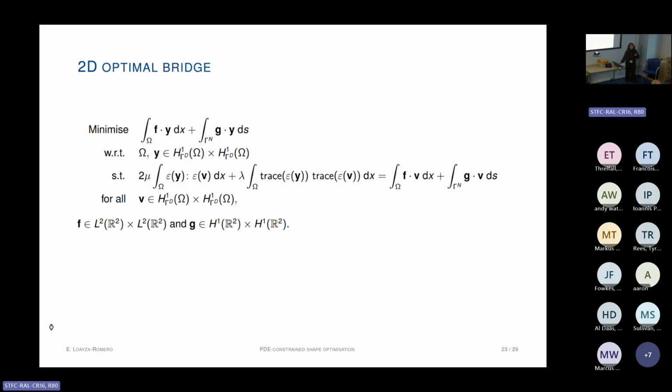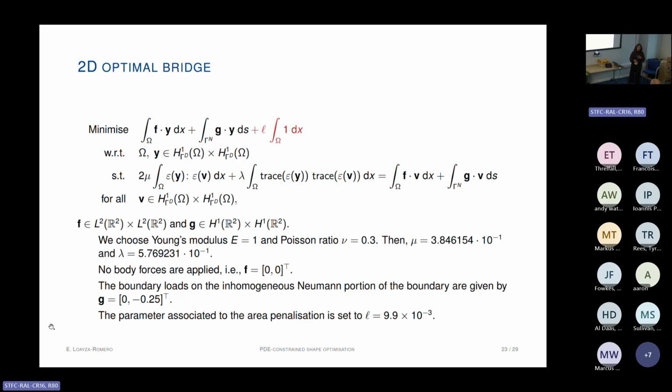But of course, if I don't have a constraint on the volume or a penalization on the volume of my structure, the solution will just be to close all the inclusions and have it as filled as possible. So that is why I am including this value L with the volume of the structure, and I want to see how the objective function works.